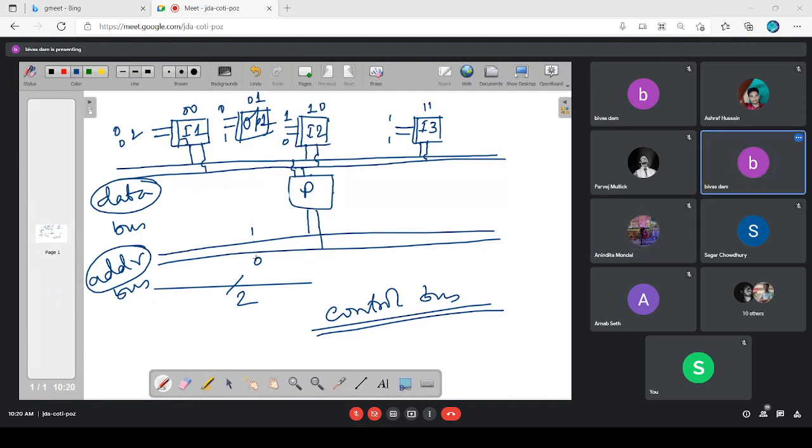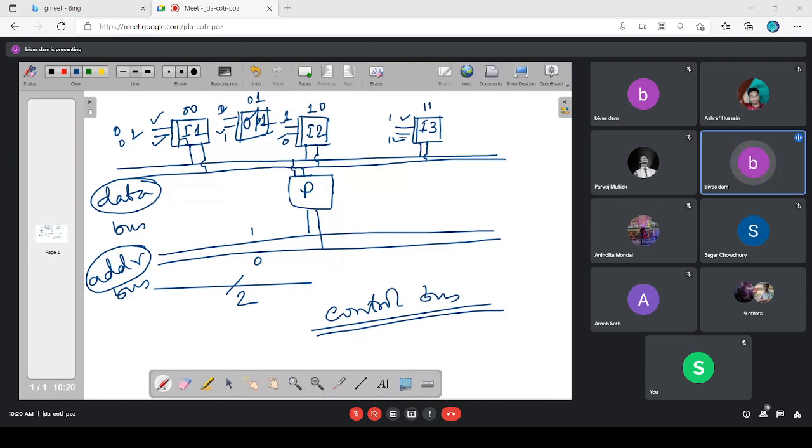I2. This 10 is coming here, as well as here, as well as here. So the output corresponding to the 10 pattern will be enabled in all 4 decoder outputs.